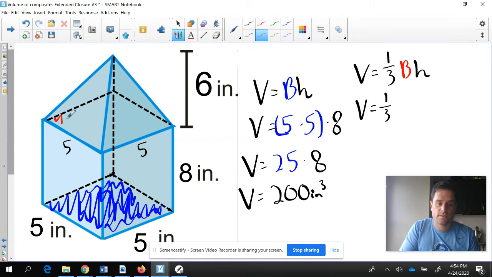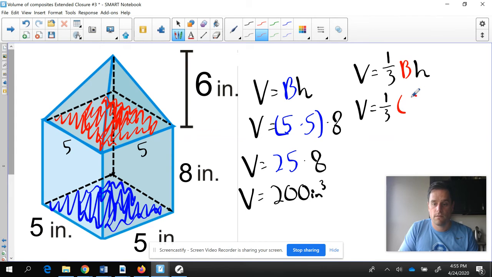And you guys can see if we just find the area of the base, it's the same area of the base of the square prism. So it's just going to be 5 times 5. Now the height, you guys can see, of this pyramid is going to be 6. That's the height of the pyramid.